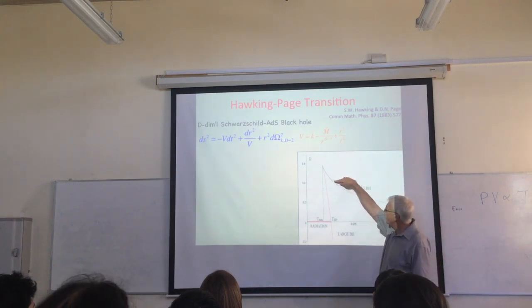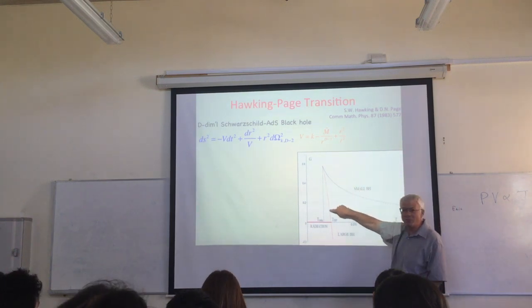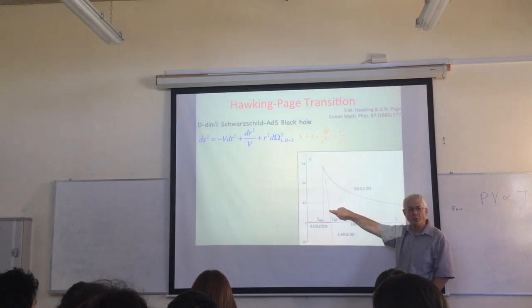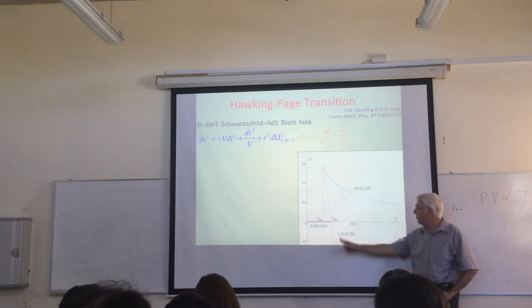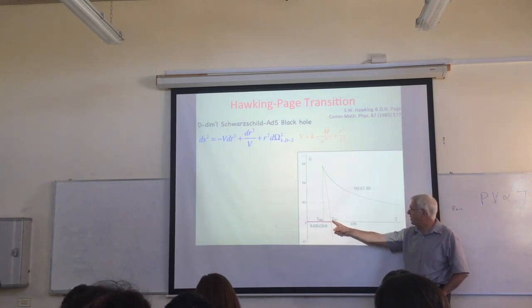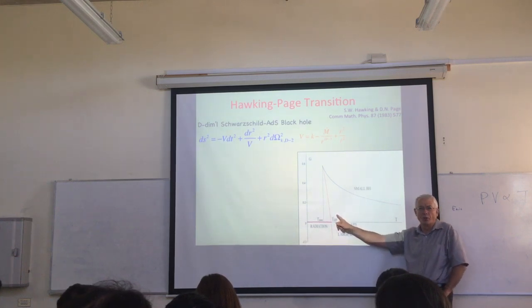So it's pretty clear that if you're here, the global minimum is actually there, and you'd rather be a large black hole. But then they noticed, of course, something else. They found that the free energy goes negative at a particular temperature, which has come to be called the Hawking-Page temperature, or you could just call it a critical temperature.